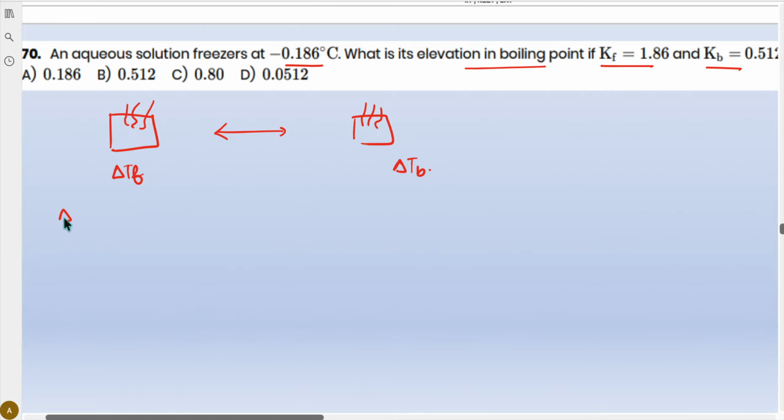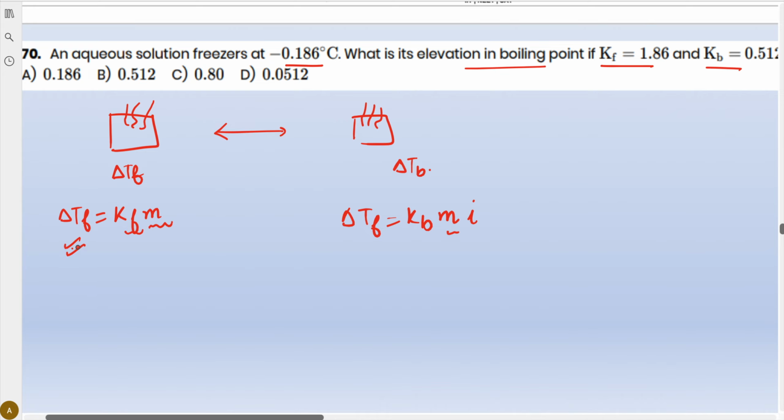From here you know delta Tf equals Kf into m into i. What will i be? Take 1 only. If not given to you, take 1 only. And delta Tb equals Kb into m into i. Now molality you don't know in either solution, but delta Tf and Kf you know.